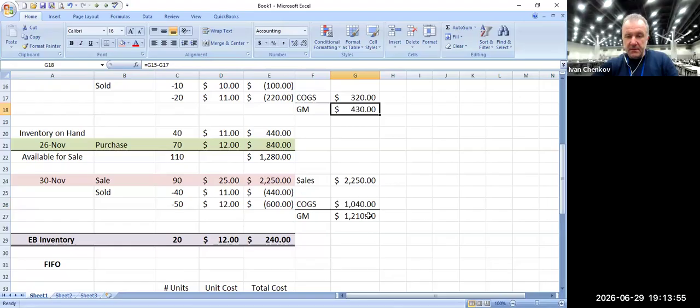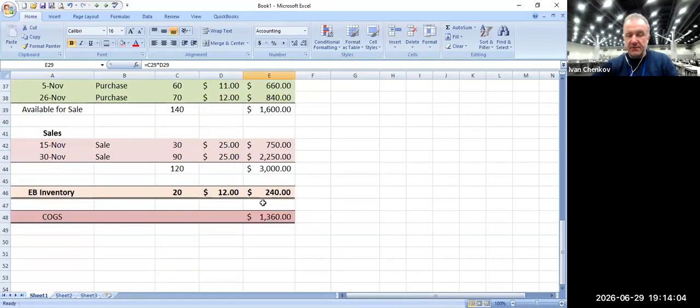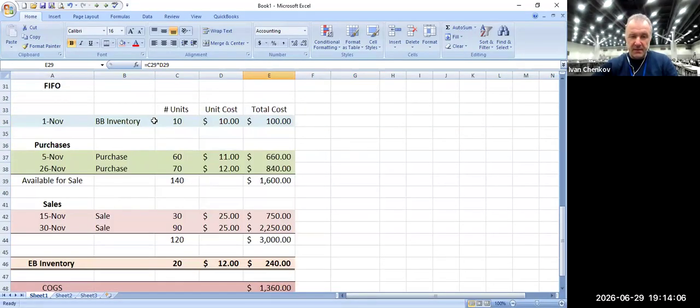Our gross margin is 1,640. And our ending inventory is 240, which is exactly the numbers that we have in that summary calculation. Now let's label our worksheet here. That will be first in, first out on the perpetual inventory.